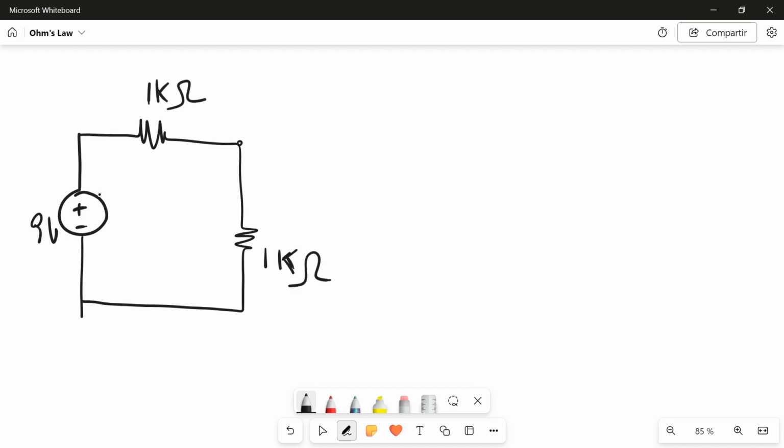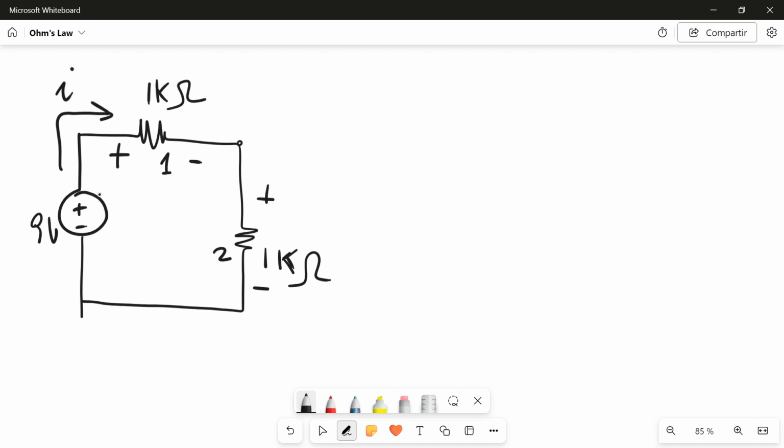I call this one R2 and this one R1. Let's say that the current goes in this direction, I, and I measure my voltage drop like this: plus minus, the black cable here, the red cable here.